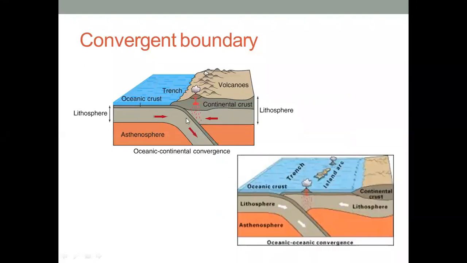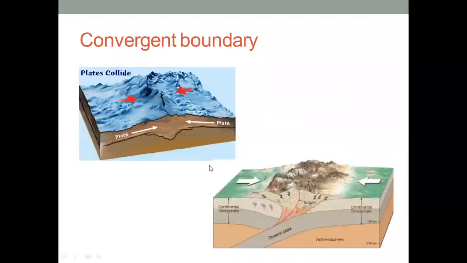The oceanic crust with the ocean and continental one is a convergent boundary. And when these two collide with each other, then the formation of mountains happens. And this is with respect to the continental convergent boundary.